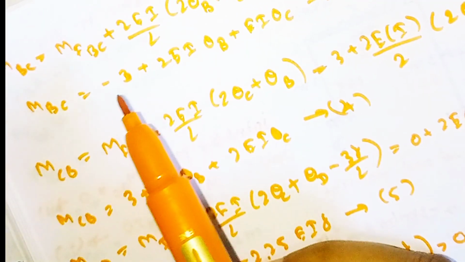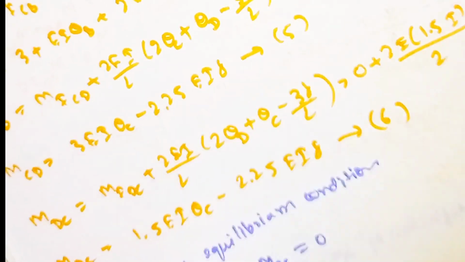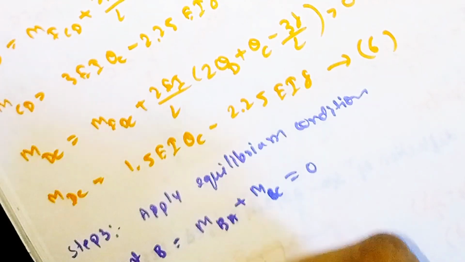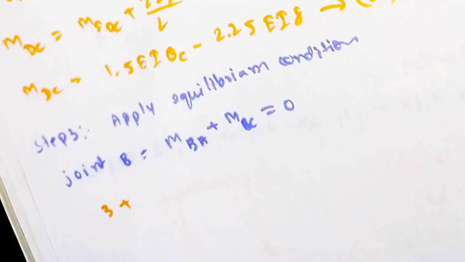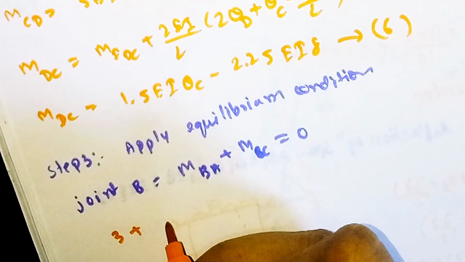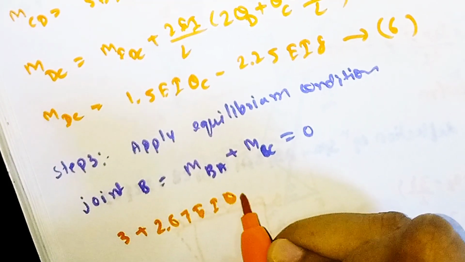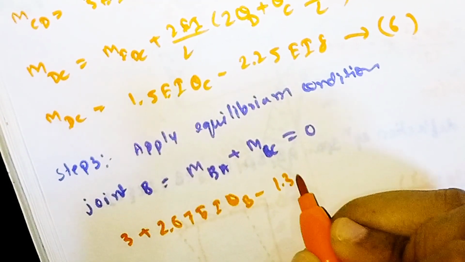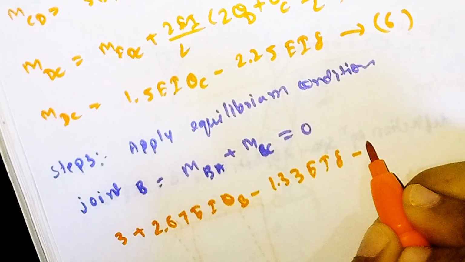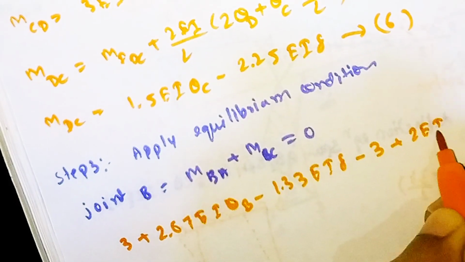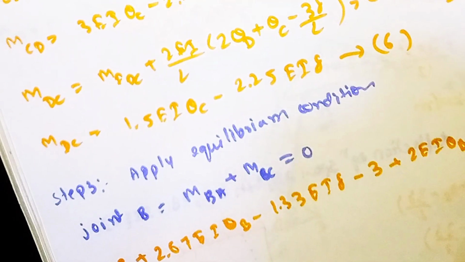And the MBC value we got was minus 3 plus 2 EI theta B plus EI theta C. Substituting these two values: 3 plus 2.67 EI theta B minus 1.33 EI delta, minus 3 plus 2 EI theta B plus EI theta C is equal to 0.